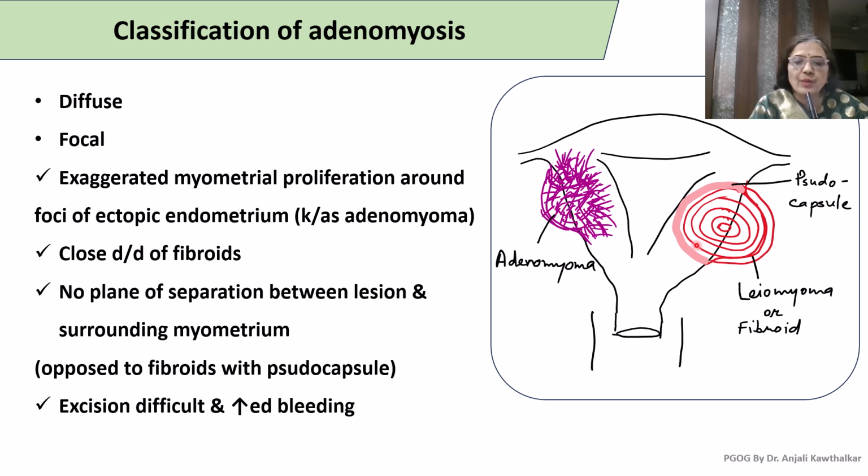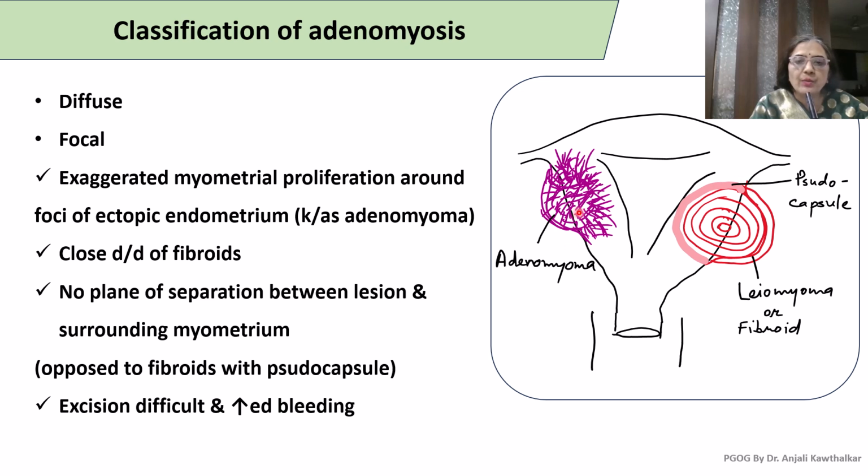A large leiomyoma we can remove very easily because of the presence of this pseudocapsule. So in myomectomy, what is technically challenging is mainly how we deal with the open vessels after the removal of the myoma. Removal of the myoma is usually very easy because we get a plane of separation.